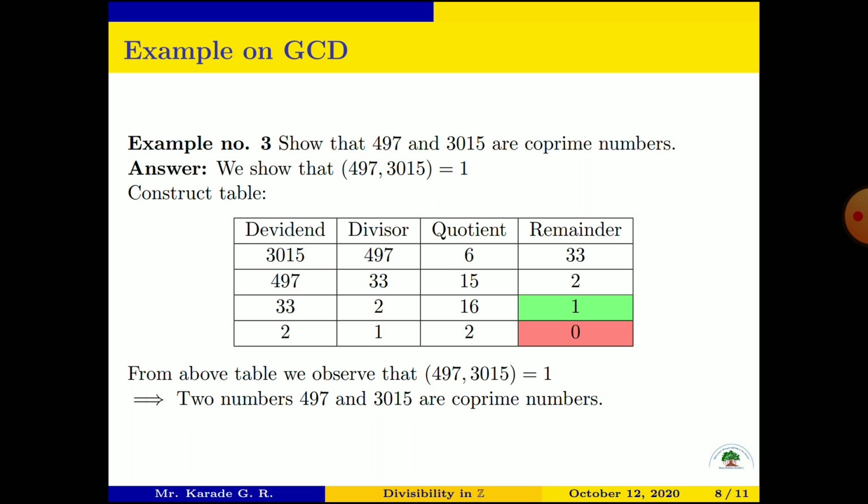So our division process is over here, and the green cell in which the remainder is 1, that remainder is nothing but the GCD of the given two numbers. So as the GCD of the given two numbers is 1, it shows that the two numbers 497 and 3015 are co-prime numbers.